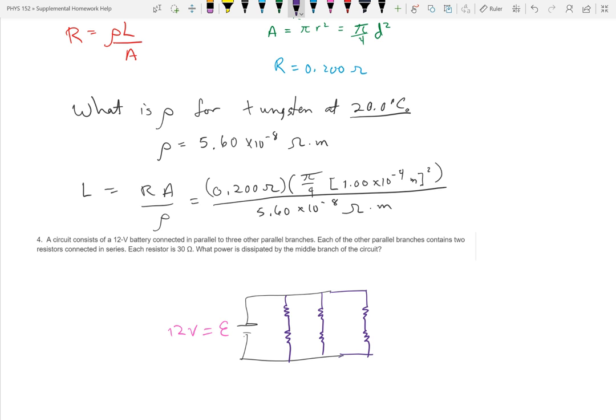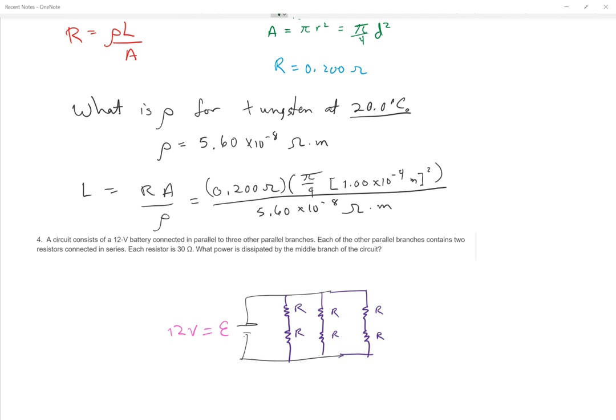We have 2 resistors, and each resistor is 30 ohms. So each one is exactly the same. And it asks us for how much power is dissipated by the middle branch.